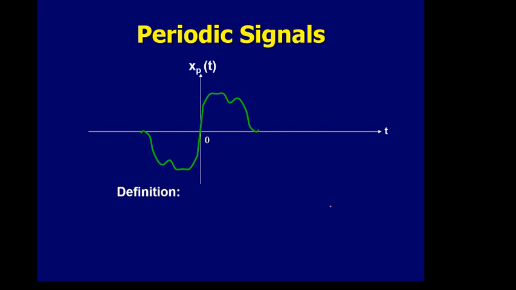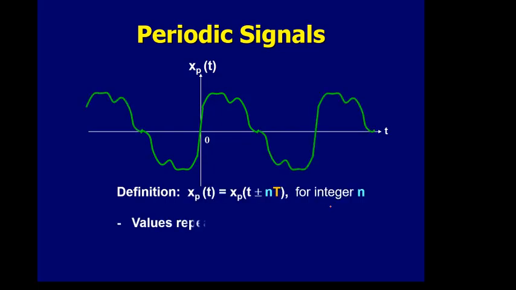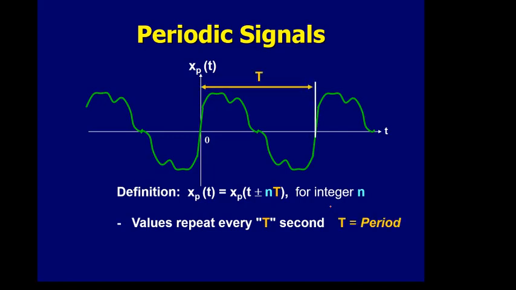The mathematical definition and test for a periodic signal is that a signal is periodic if I get a function value x of t, and that function value repeats every time I advance the time argument by some integer number times the period of the signal, where the period is capital T shown here.